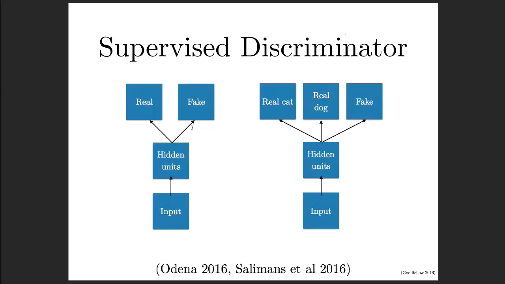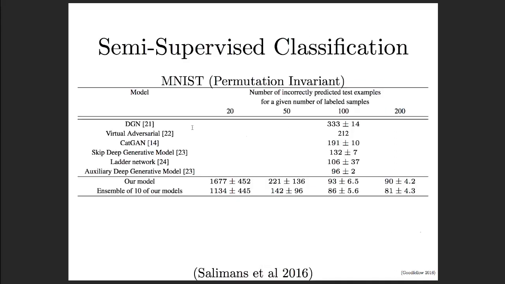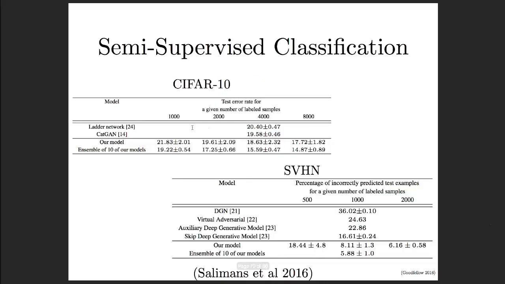But if we add extra outputs, saying which class they belong to, and then having one fake class, we are able to then take the discriminator and use it to classify data after we've finished training the whole process. And because it's learned to reject lots of fake data, it actually gets regularized really well. Using this approach, Tim Salimans and I and our other collaborators at OpenAI were able to set the state of the art on several different recognition tasks with very few labeled examples on MNIST, CIFAR-10, and SVHN.